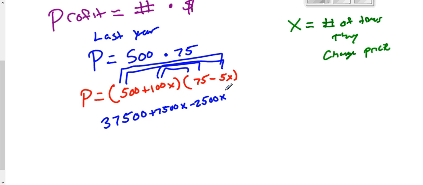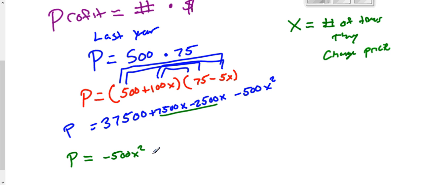And 5 times 100 gives us negative 500x squared, all equal to our profit. I'm going to rewrite this. Profit is equal to negative 500x squared, combine my terms in the middle, it gives me positive 5,000x plus 37,500.